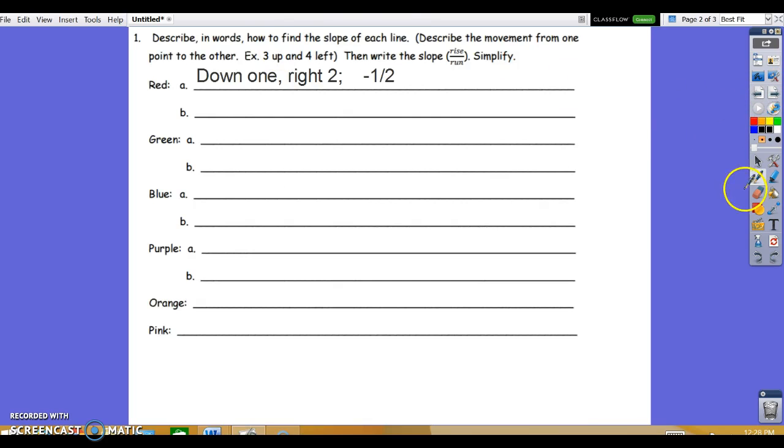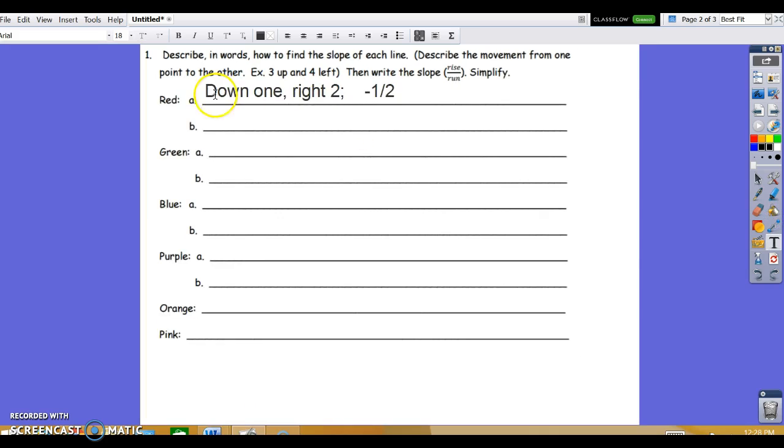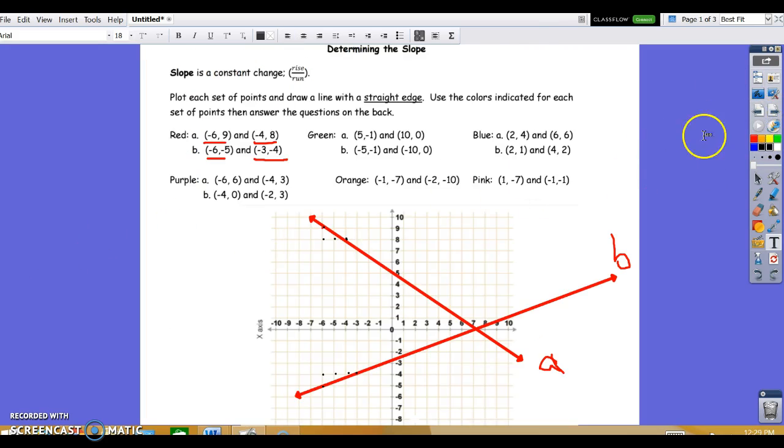So I'm going to go ahead and put that in right here. Up 1. Right 3. Now I want to take this and make it into a fraction, which is up 1, so 1 over 3. And you're going to continue to do this for all of the other colors.